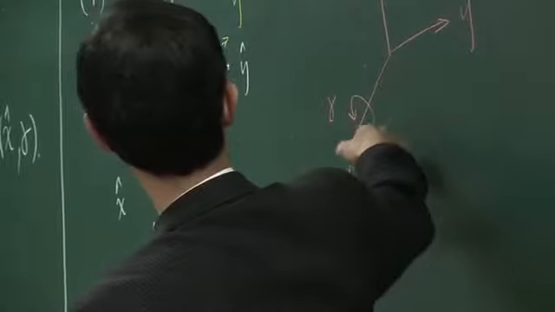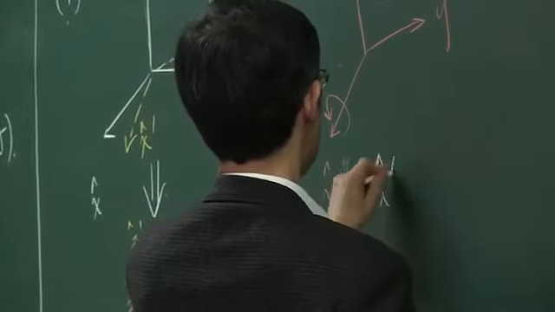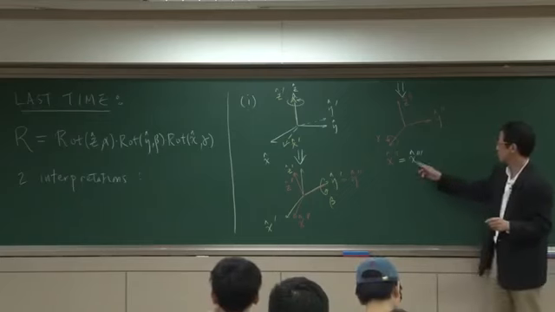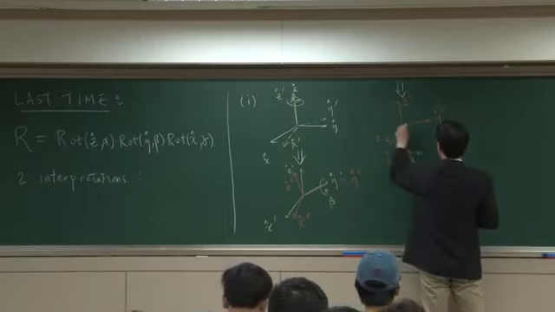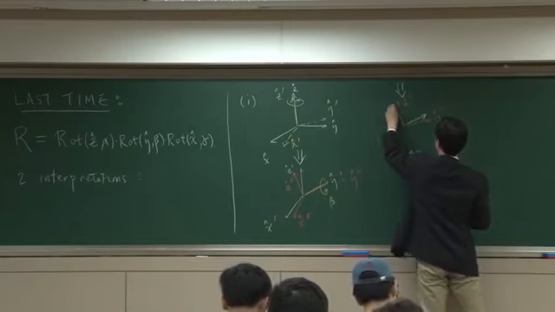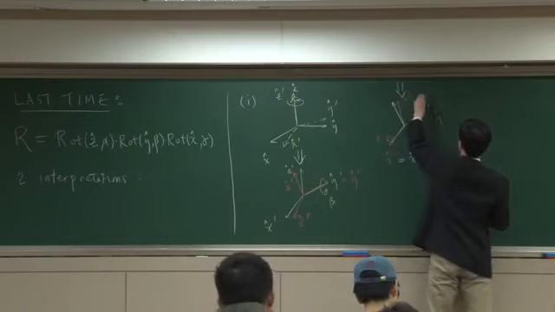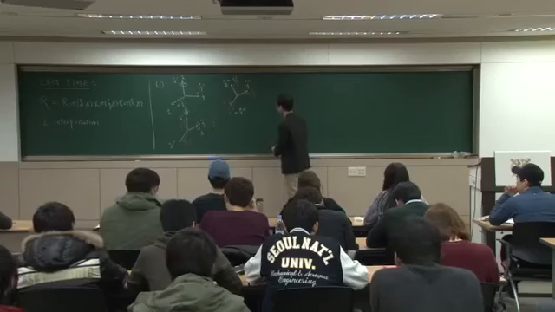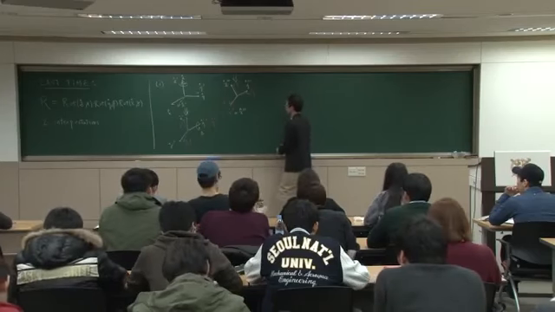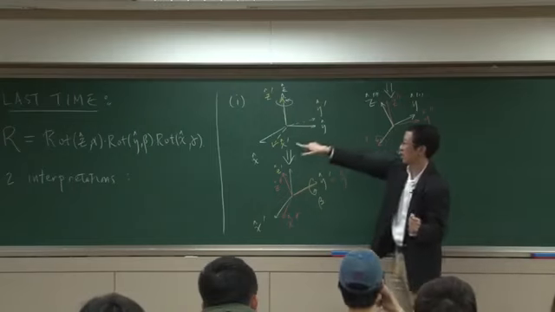When we do that, the x double prime axis remains the same, so x triple prime is the same as x double prime. But now y double prime and z double prime rotate to some axes as shown, y triple prime, z triple prime. So this white frame here, that's R. That's what we get.